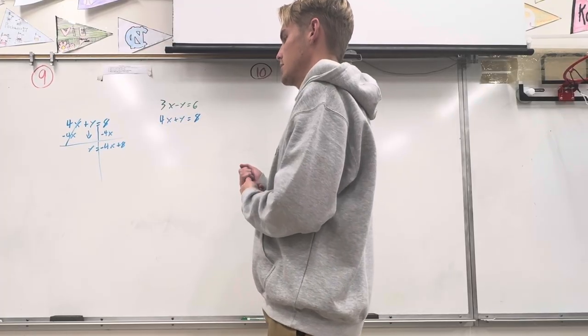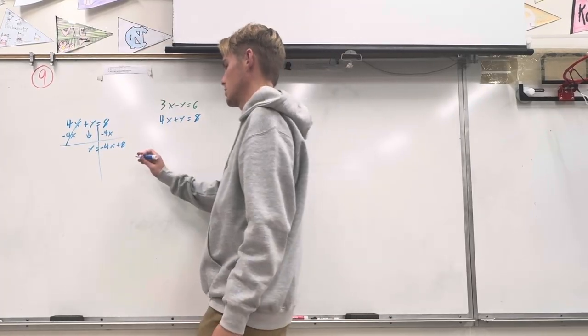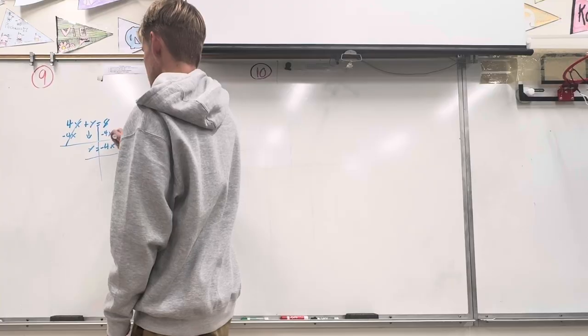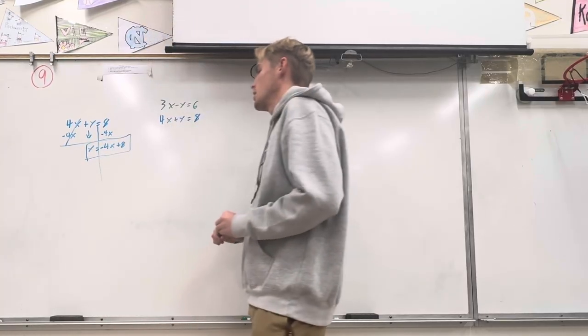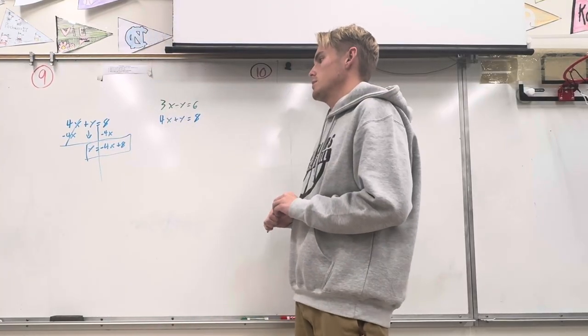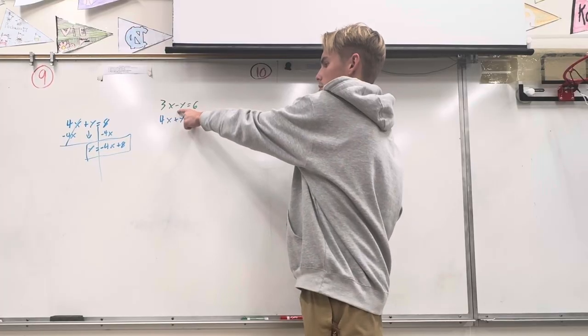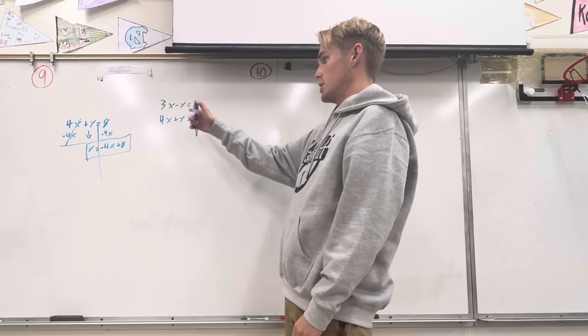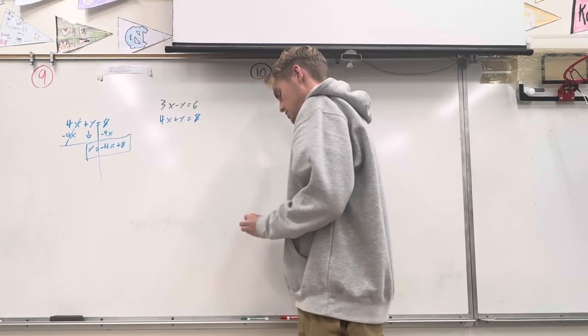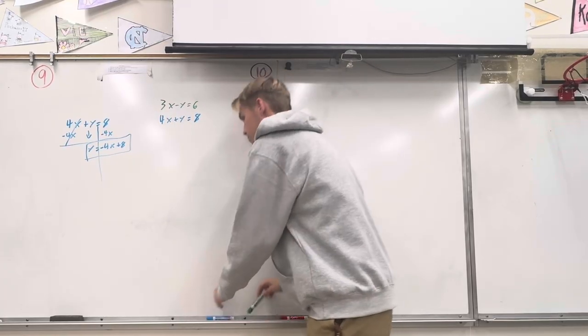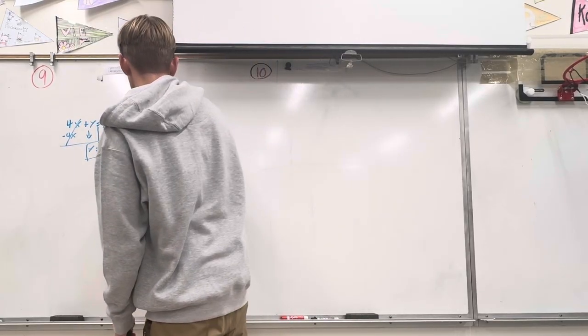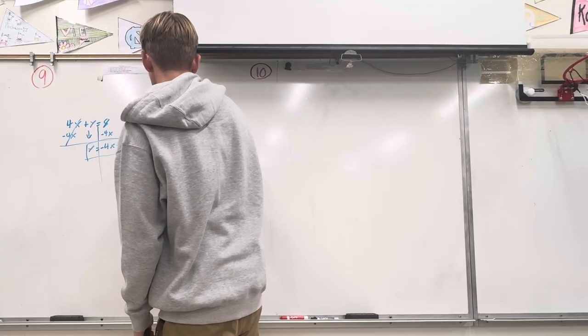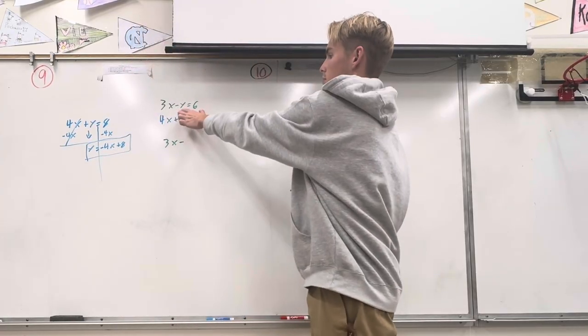So we have that y equals negative 4x plus 8. And so what we can do now is we can take this top equation, since there's a y in there, and instead of writing y, in its place, so originally we have 3x minus, and then we have y.